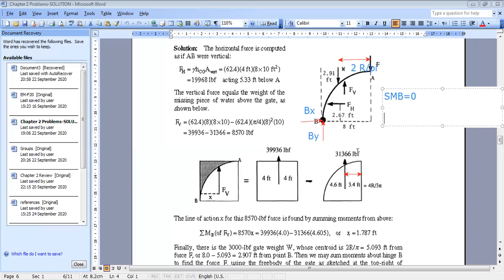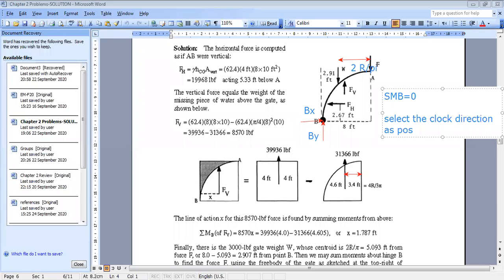We choose the clockwise direction as positive.